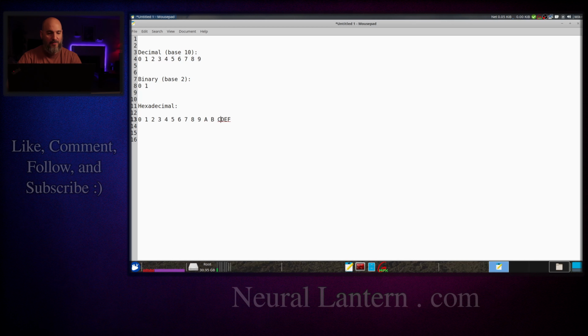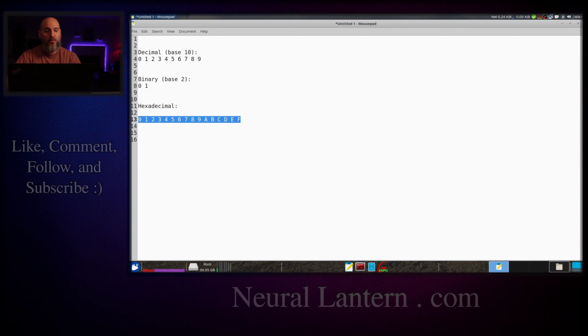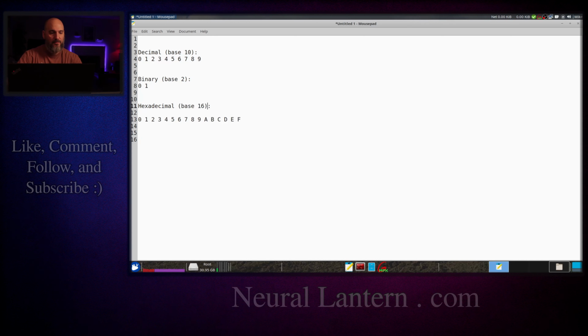I knew I was going to say 5 at some point. So in hexadecimal, we have the characters 0 through 9, and then A, B, C, D, E, F, for a total of 16 characters, or one digit can represent a value between 0 and 15. So let me just write base 16 here.